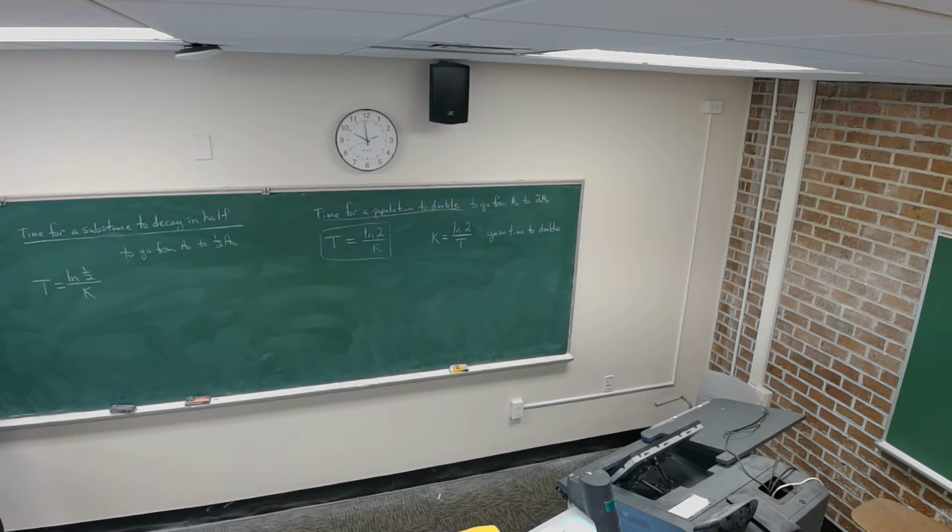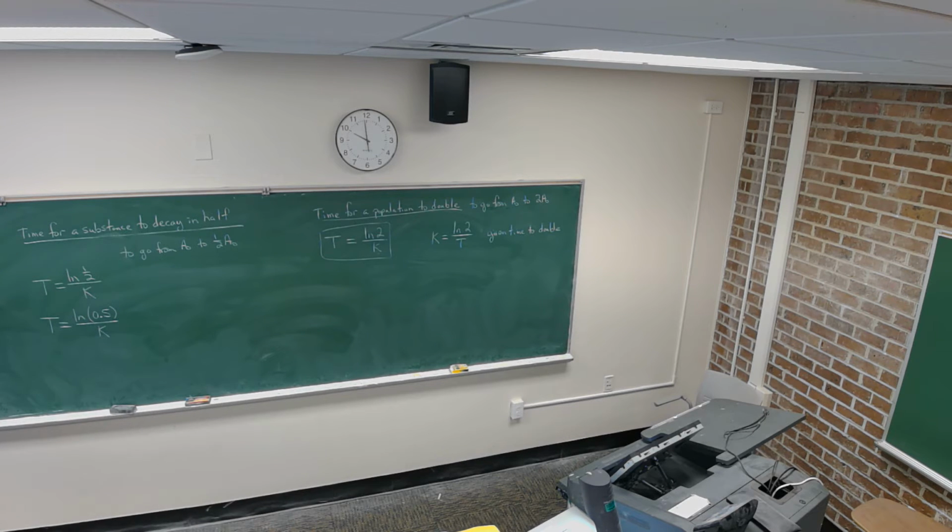And using the properties of the natural log function, the quotient rule, 1/2 can be written as the decimal 0.5.